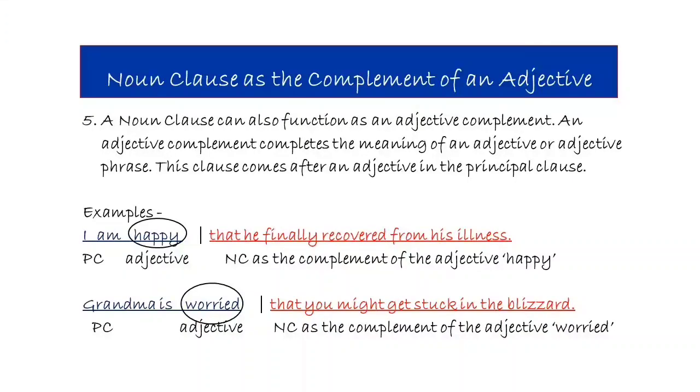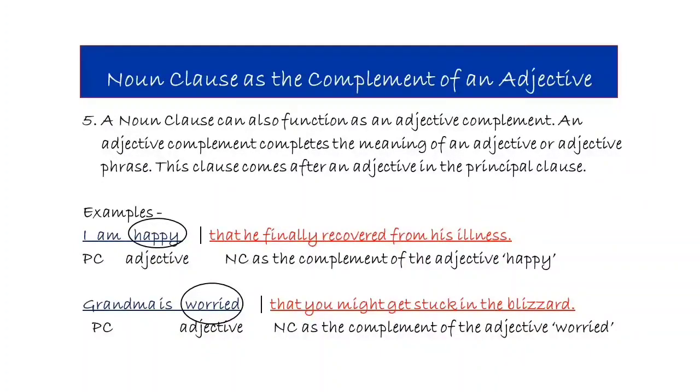Here, I am happy is the principal clause. That he finally recovered from his illness is the subordinate clause. When we ask the question, I am happy about what? The answer is that he finally recovered from his illness. Here, that he finally recovered from his illness is the noun clause functioning as the complement of the adjective happy.